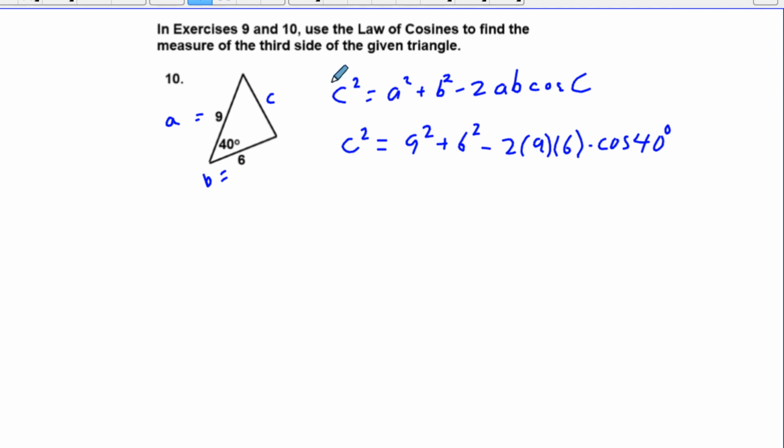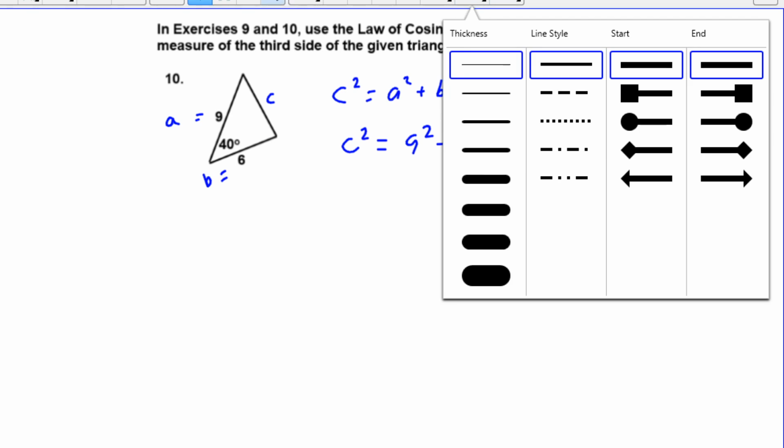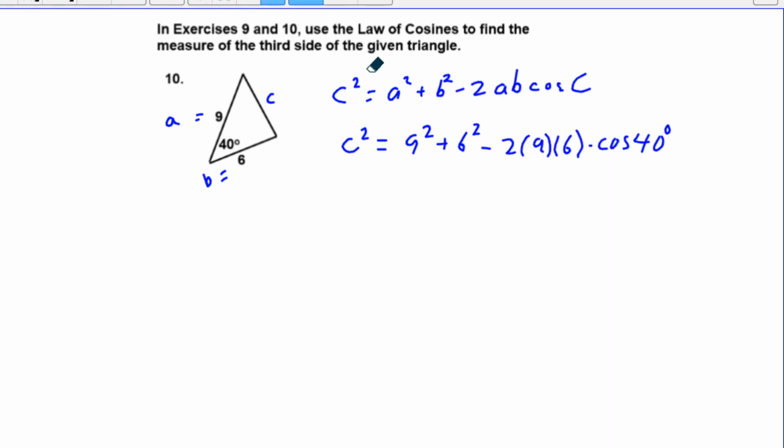And what we're going to do to solve for C, I'm going to make a little shortcut here. I'm going to erase this square right here. It's really, what I'm doing is I'm taking the square root of both sides. So C is going to be equal to the square root of all that.